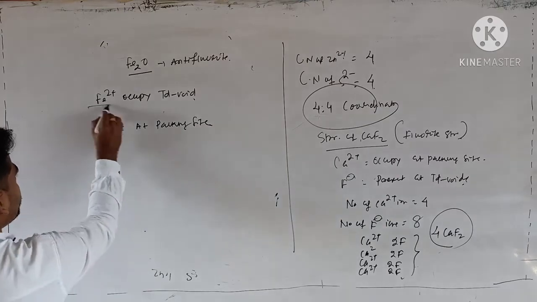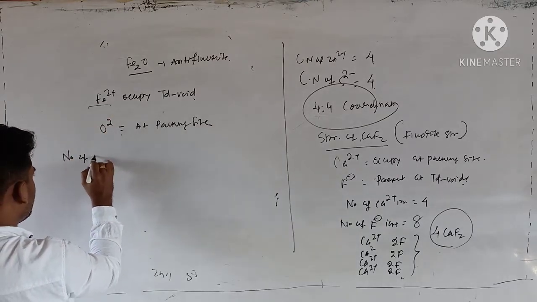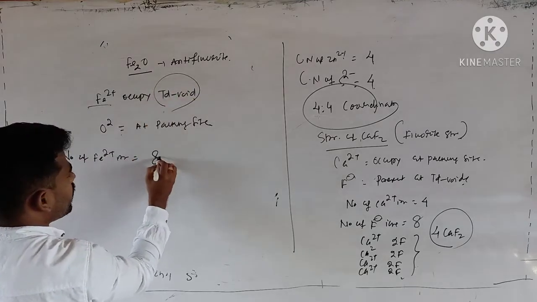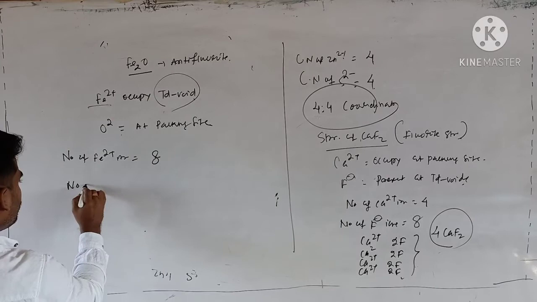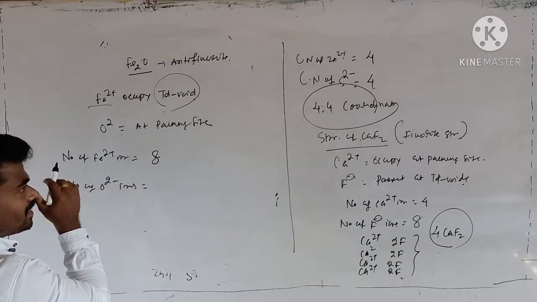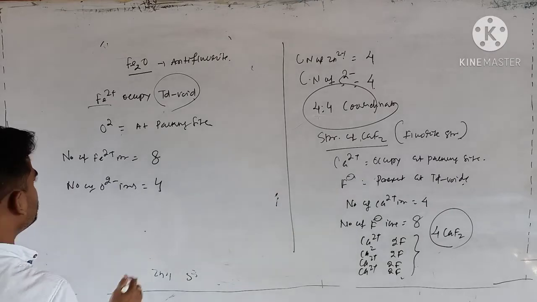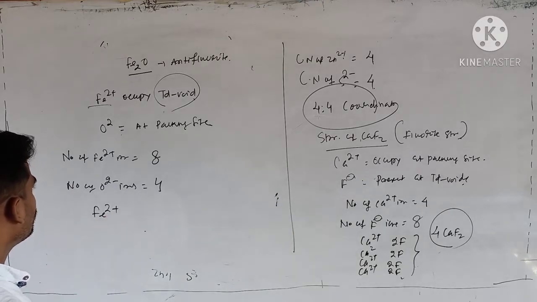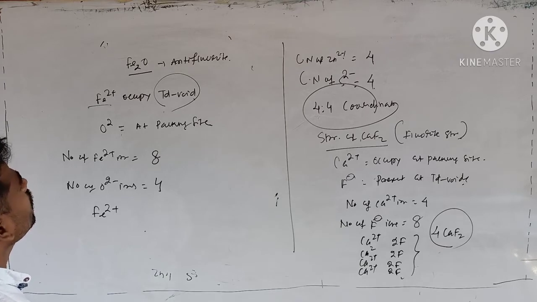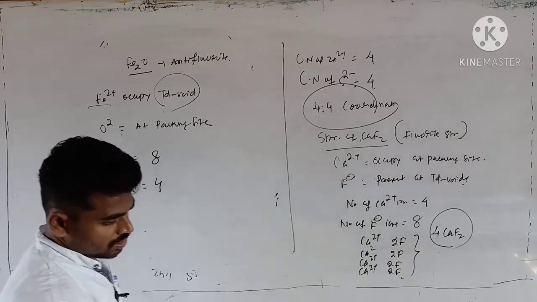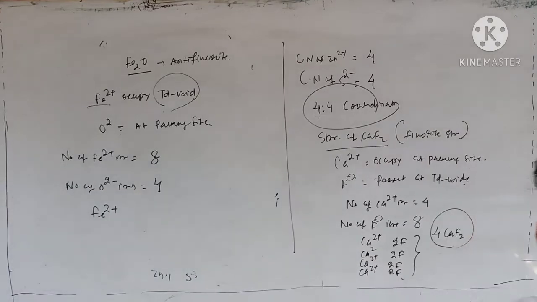The number of Fe ions at tetrahedral voids will be 8, and the number of O2- ions at packing sites means 4. So here you can compare the valency of iron.